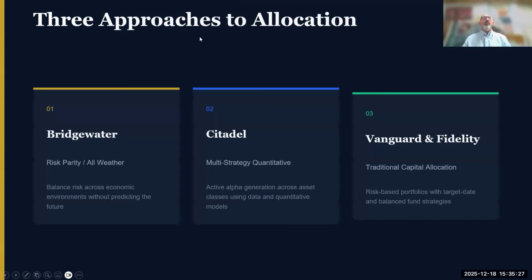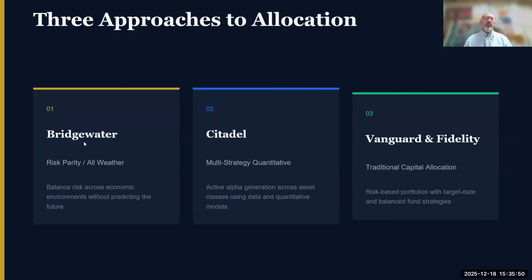So, four different companies: Bridgewater, Citadel, Vanguard, and Fidelity. These are companies that I have followed for probably the last 20, 25 years, and they all have different approaches to the risk management game, the asset management game.